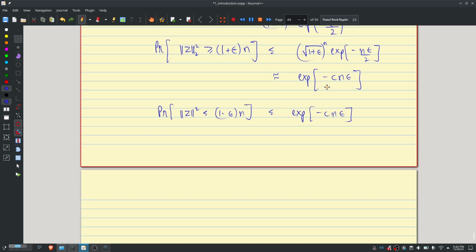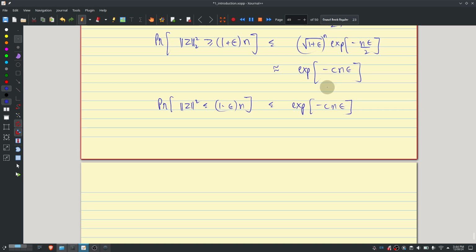So what does this tell us geometrically? As n becomes larger and larger, with very high probability, the 2 norm of z is going to be very close to square root of n. For the 2 norm square, it is very close to n.